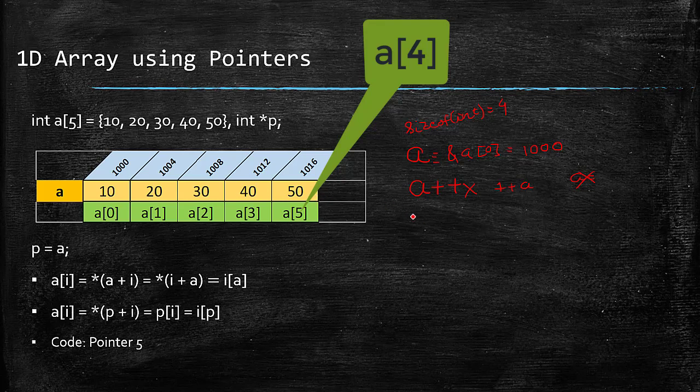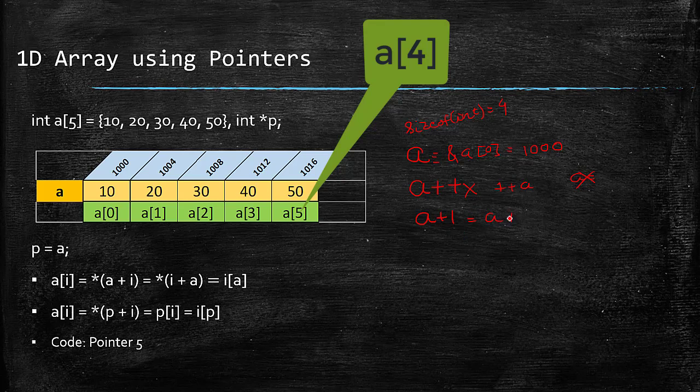If I ask whether I can perform A plus 1, the answer is yes, because I am adding 1 to a pointer value. Remember, adding an integer value to or subtracting an integer value from a pointer is a permissible operation. Here we are not changing the value of A, we are just adding a value to A. So it is permissible, and if you remember, it will be A plus 1 into 4.